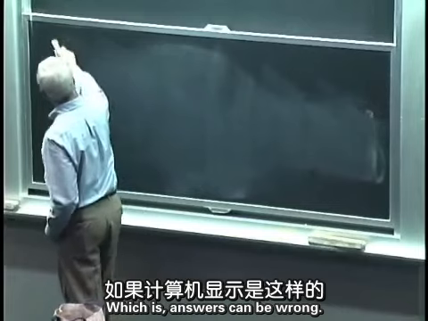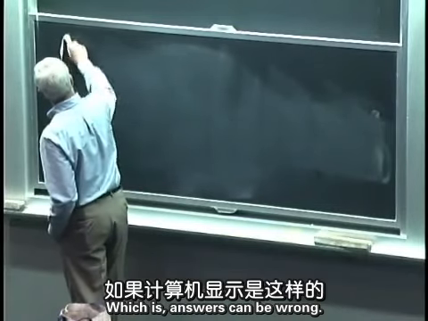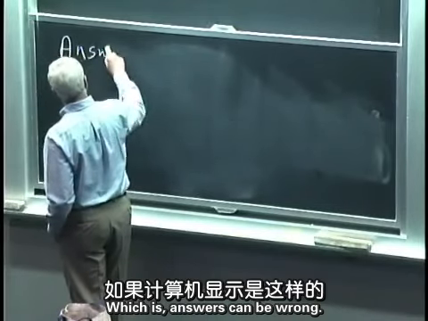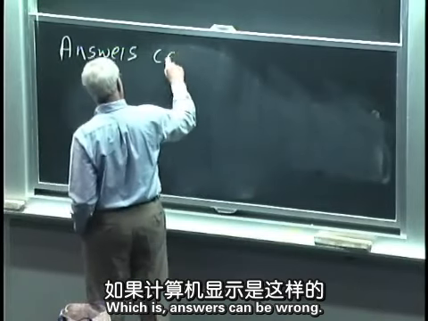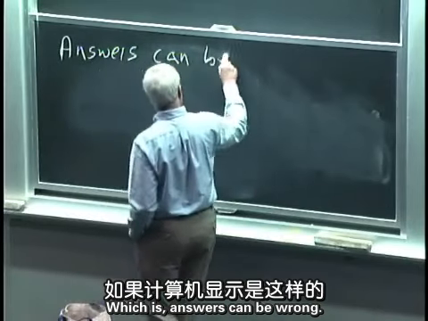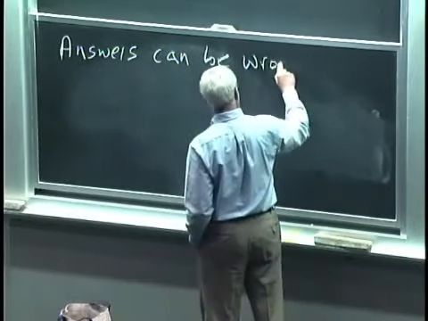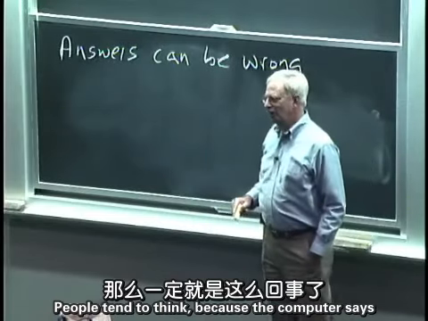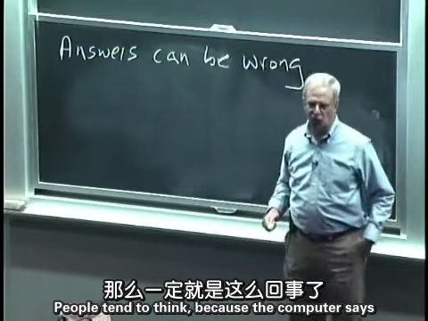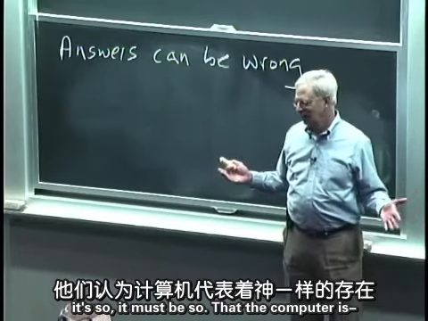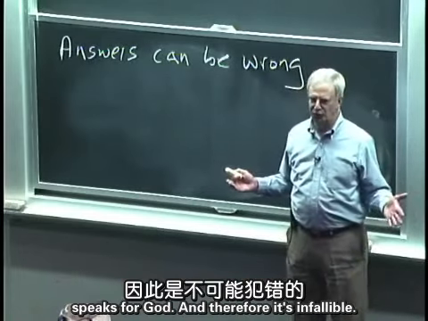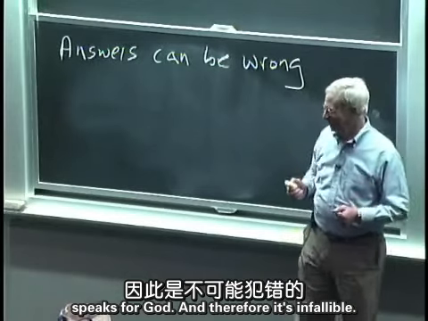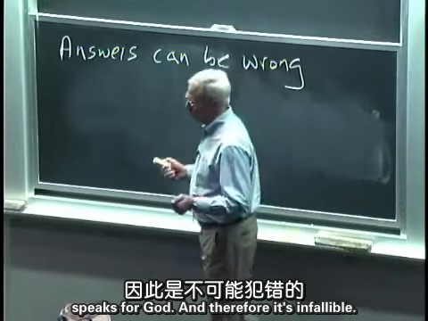Which is, answers can be wrong. People tend to think because the computer says it's so, it must be so. That the computer speaks for God, and therefore it's infallible. Maybe it speaks for the Pope.